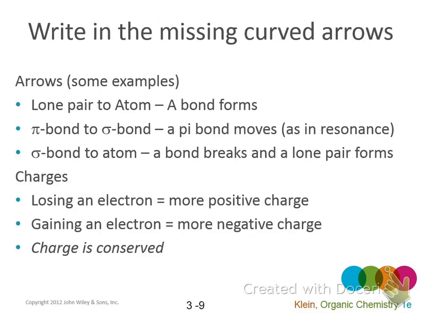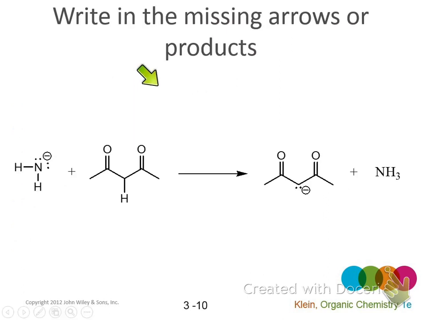From here, so really quickly summarizing the arrows, okay. Start on a lone pair, and you go to an atom. Now, in an acid-base reaction, the atom is a hydrogen, okay? And when you do that, you form a bond.